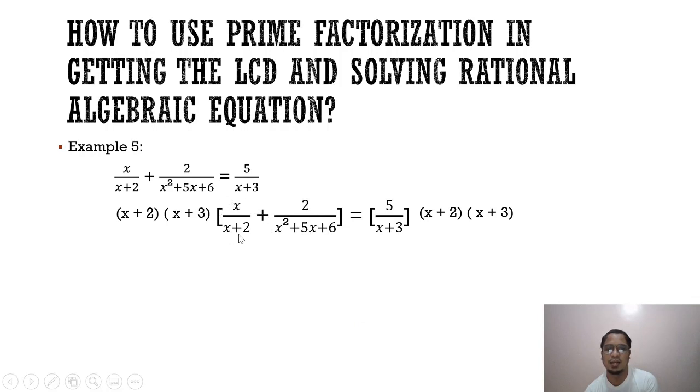Focus lang kayo dito sa x over x plus 2. I-multiply muna natin dito. Ayun, na-cancel yung x plus 2. Anong natira? X plus 3 at saka x. Yun lang ang i-multiply nyo. So yung x at saka x, x squared. Tapos yung x at saka 3, 3x. Positive.